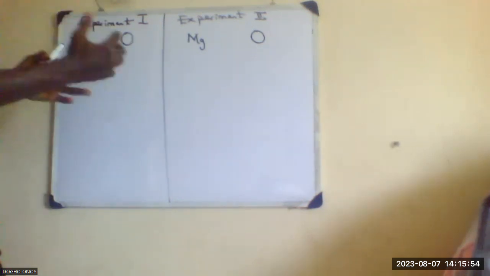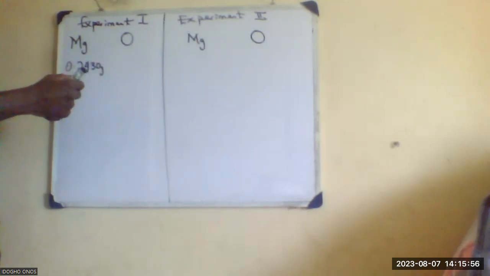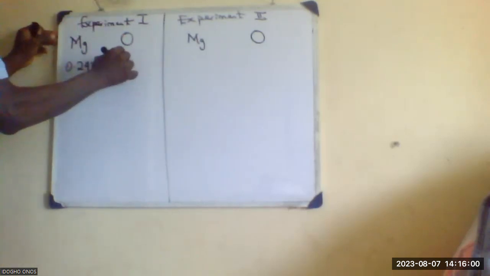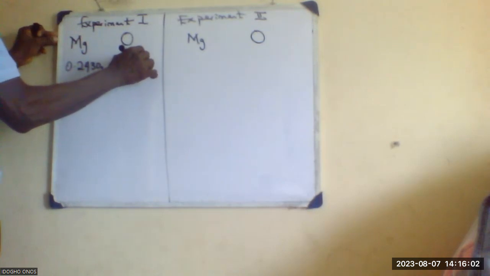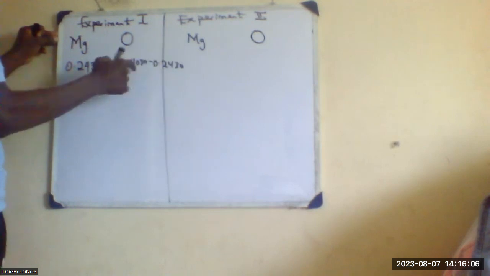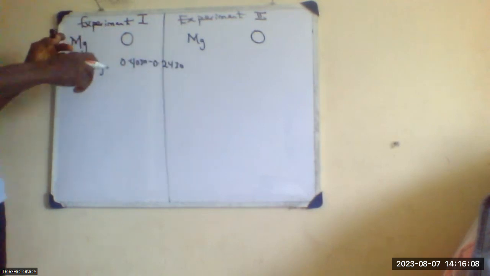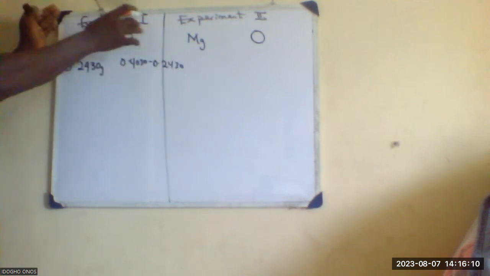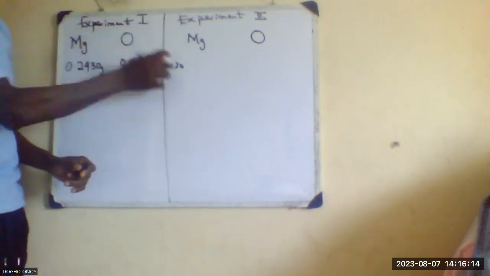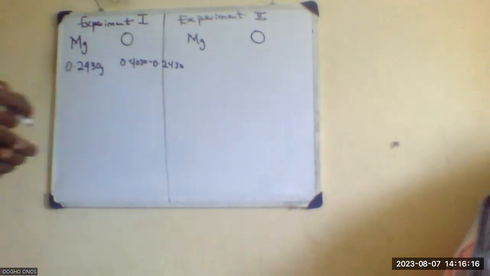Now, when they say yielded that mass of magnesium oxide, to get the mass of oxygen, it will be 0.4030 minus 0.2430. That means magnesium and oxygen put together was this mass. So what then is the mass of oxygen? That's why I need to do this subtraction. Hope we understand.